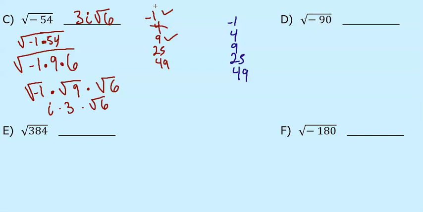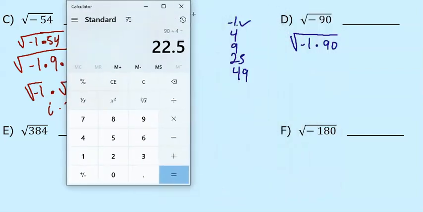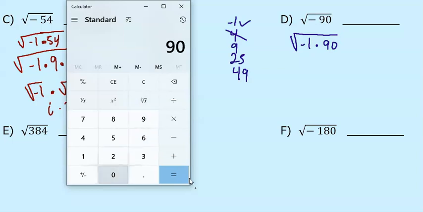Let's do D. Square root of -90. We have a negative, so let's break it into -1 times 90. Okay, let's see if 4 goes into it. 90 divided by 4 is a decimal, so we're going to skip 4 and go to 9. 90 divided by 9 is 10.